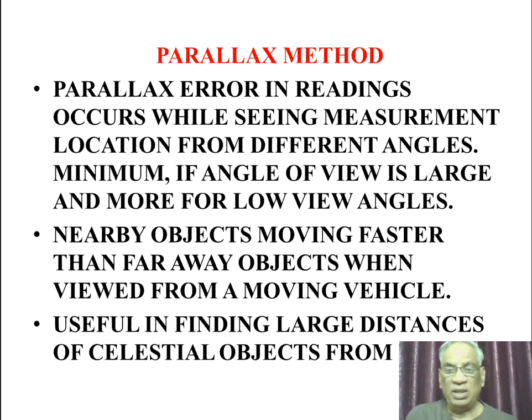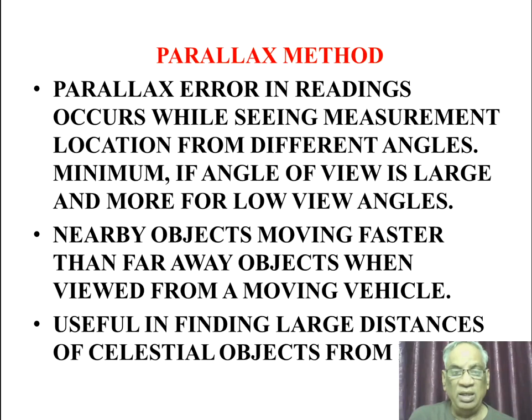Parallax method. Parallax error, as most of us know, occurs while taking readings on the traveling microscope. Most of the time we face this parallax error because the angle at which you are looking at the reading matters much.